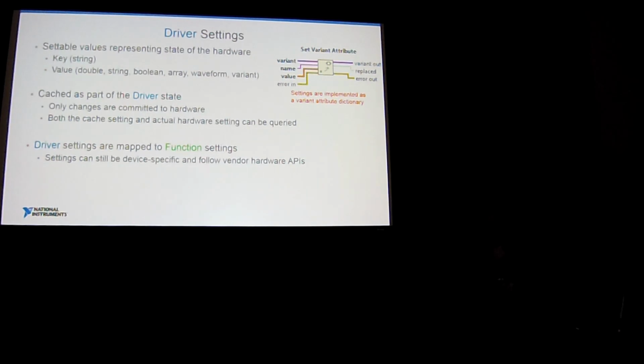You can see here double, string, boolean, a type def that you defined. It doesn't really matter. We cache it as part of the driver state. We only commit what's changed. And there is a way to map these settings to functions, and I'll go through that in a second too.